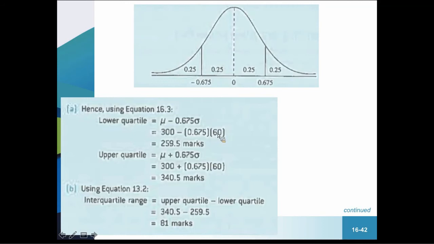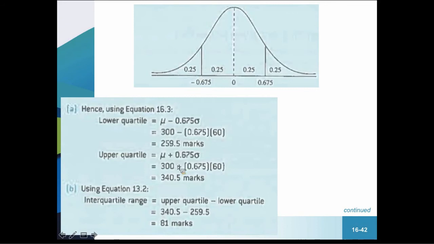If you wanted to use memory, that's handy, it saves you a couple of keystrokes. 0.675 times 60 equals, store in memory, and then you can go my mean plus recall memory gives me the top level of marks, 340, and my mean 300 minus recall memory equals my 259 result down here.